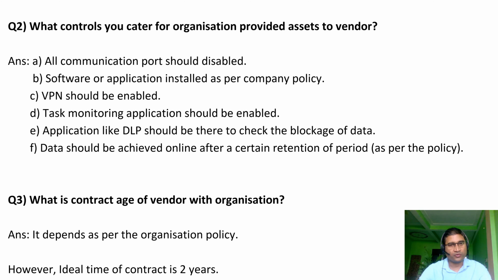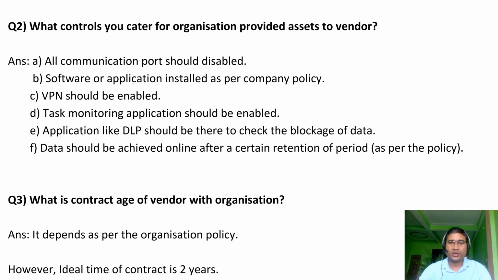All communication ports should be disabled so that the vendor cannot use things like a pen drive. The external ports used for communication purposes should be disabled by the organization, and a policy should be made. For any exception, after certain approvals, those ports should be enabled.